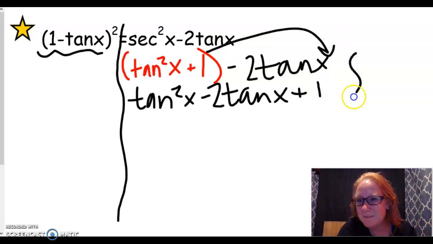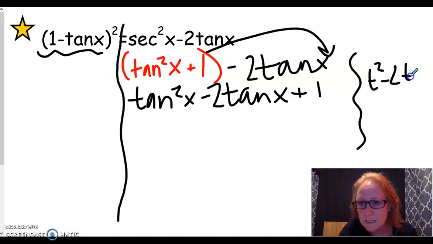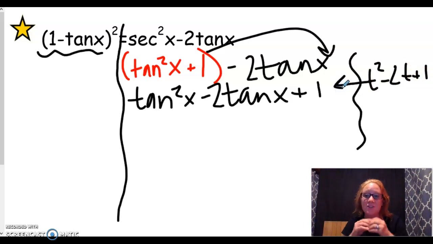Here's why. I'm going to have a little thought tangent over here. T squared minus 2t plus 1, that's the same as this, just simplified because I'm really good at algebra, and so are you.